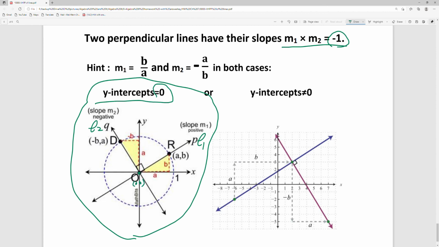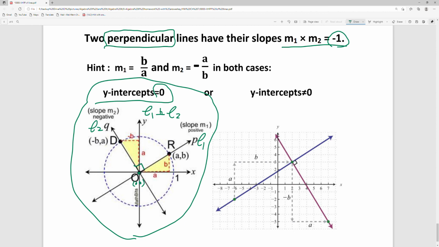In this case, you can obviously see that if these two lines are 90 degrees, we say line 1 is perpendicular to line 2. Perpendicular means these two lines form a 90 degree angle.